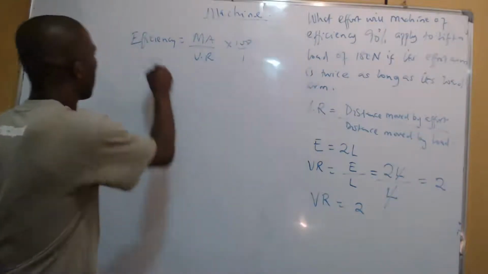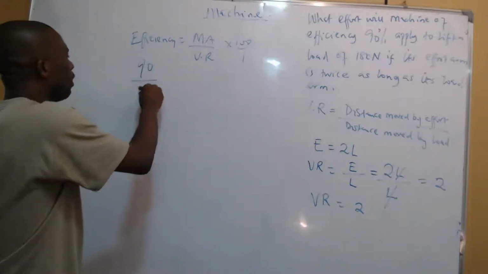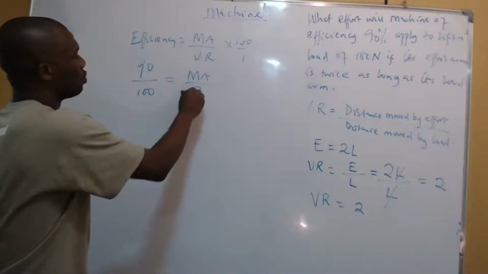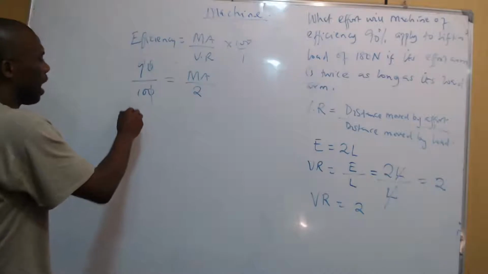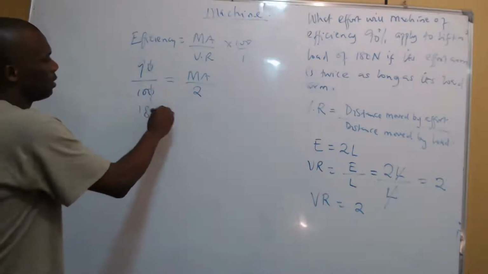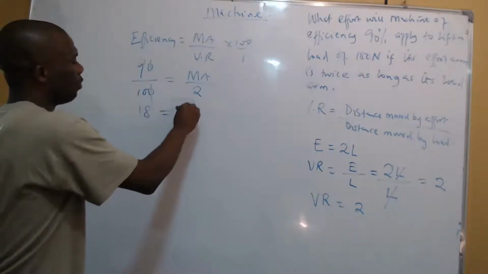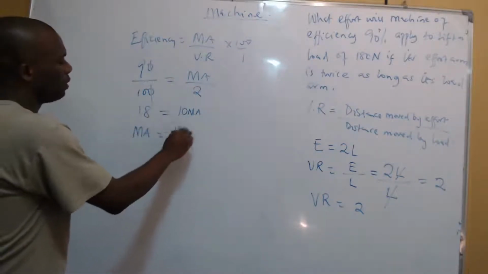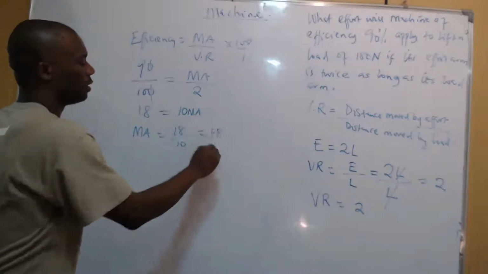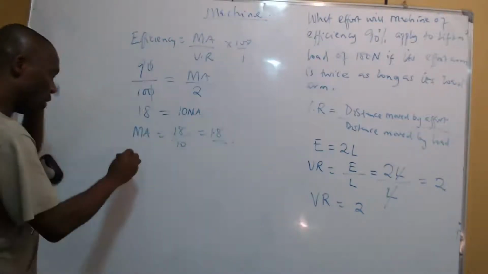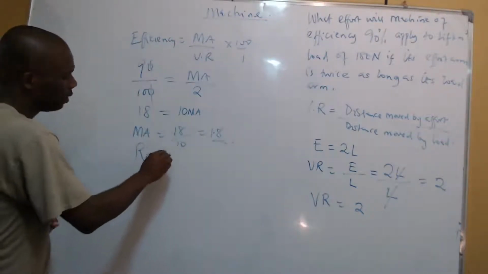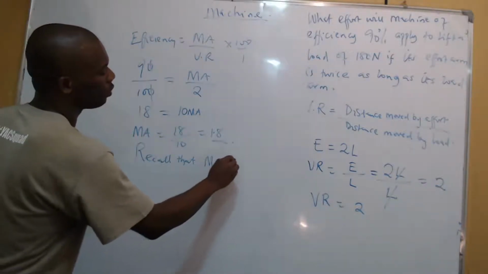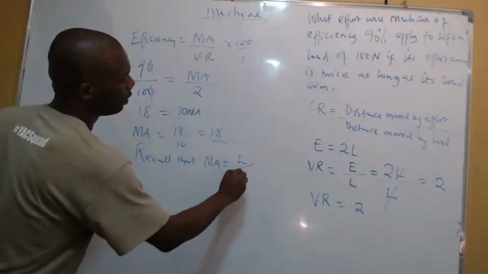Therefore, efficiency will be equal to mechanical advantage over velocity ratio times 100 over 1. Our efficiency was 90. So 90 over 100 is equal to MA over our VR is 2. So we cancel this. We have 18 is equal to 10 MA. So our MA will be equal to 18 over 10, which is 1.8. So recall that MA is equal to load over effort.